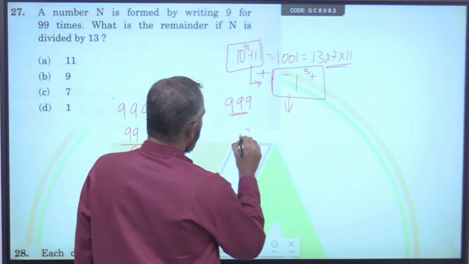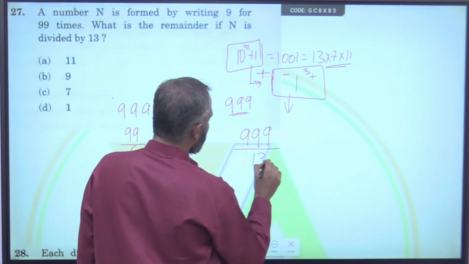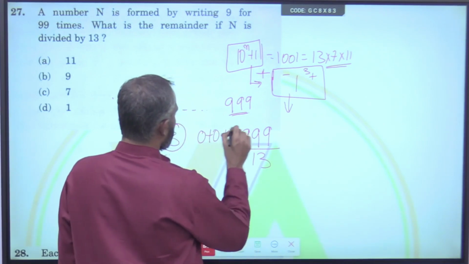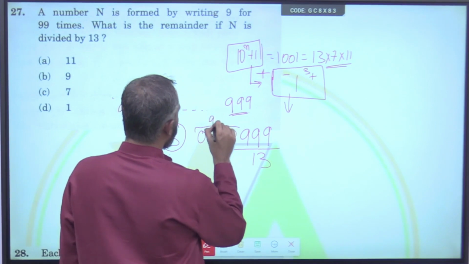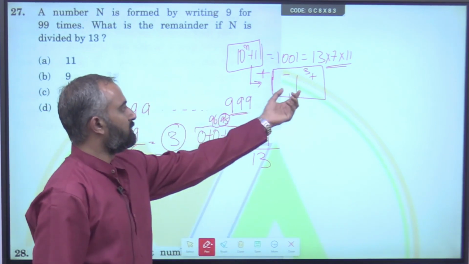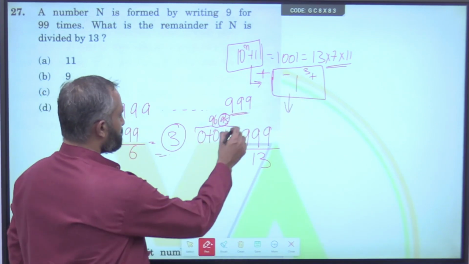So, what he asks us to find is the remainder of 0 plus 0 plus 0, and so on and so forth, 96 nines. Because a block of 6 adds nothing to the remainder, this all becomes 0.